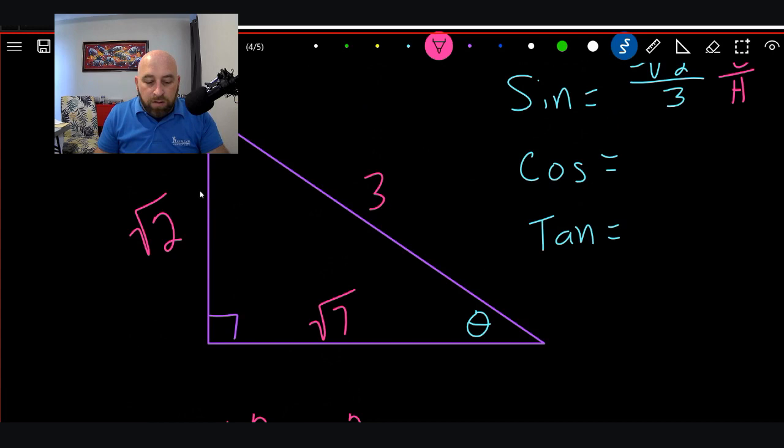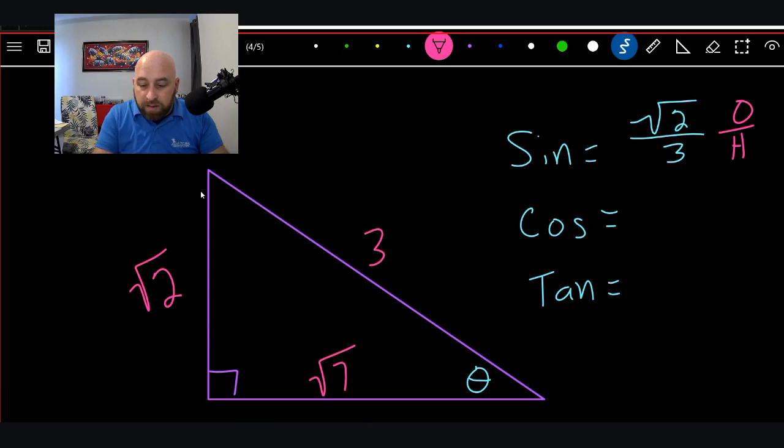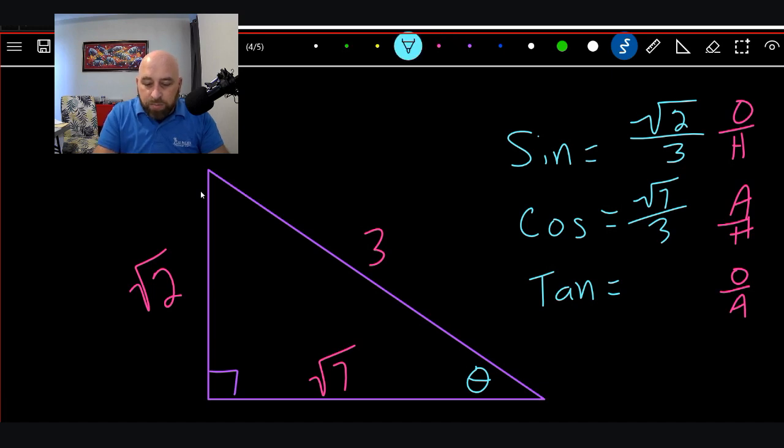And now we can fill in the rest of them because now we have the opposite side. So the cosine would be the adjacent over the hypotenuse. And so what's the adjacent? The adjacent is the square root of 7 over 3. And what's the tangent? So the tangent is opposite over adjacent. The opposite is square root of 2. The adjacent is square root of 7.